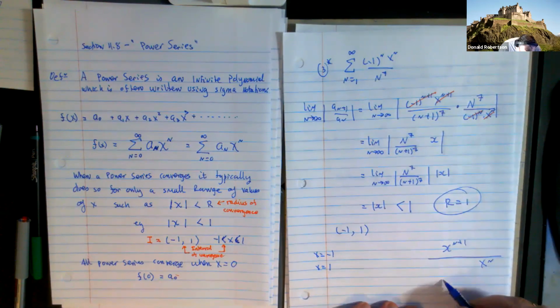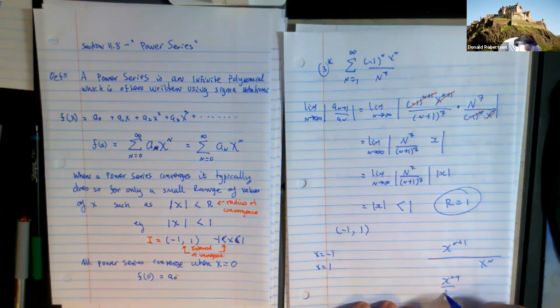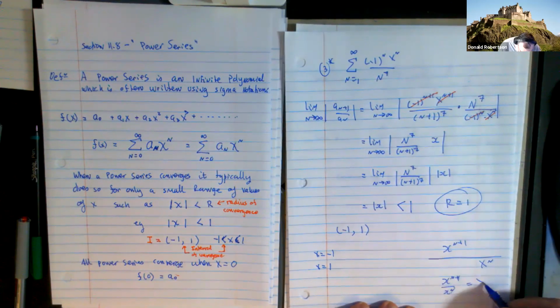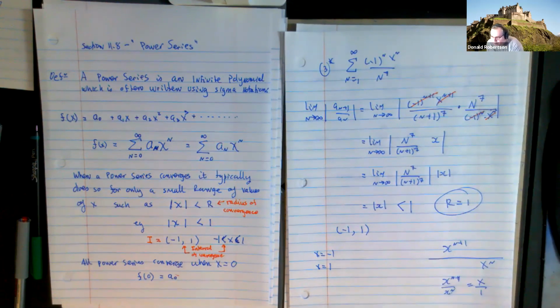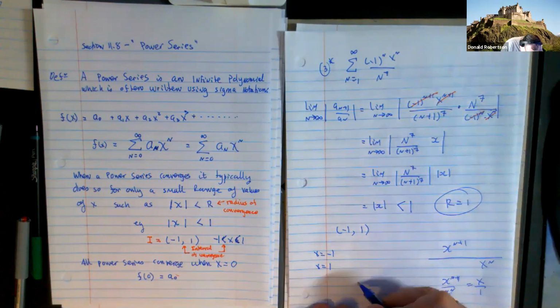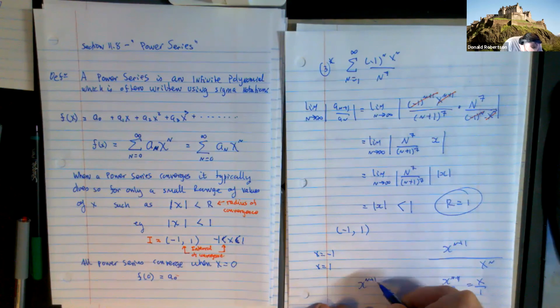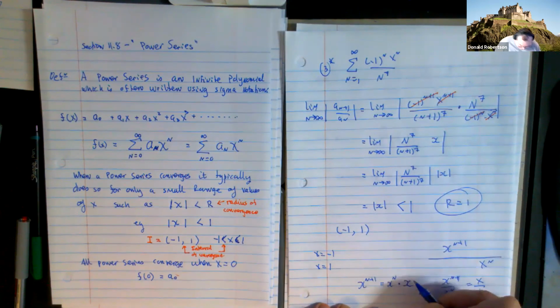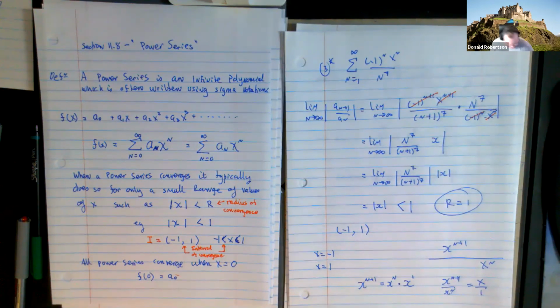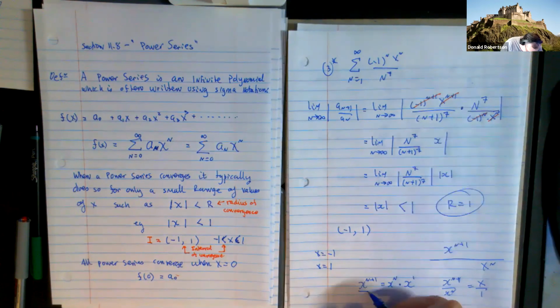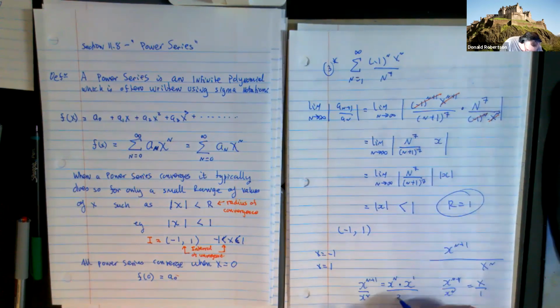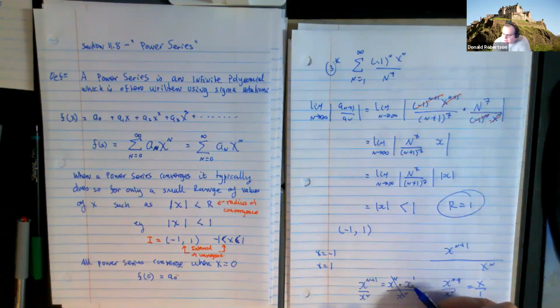So if you imagine them being above each other, can't you cancel that with that and leave one x behind on the top? Think of it like x to the n plus 1 is the same thing as x to the n times another x, and x to the n on the bottom. Can you see you're left with an x?